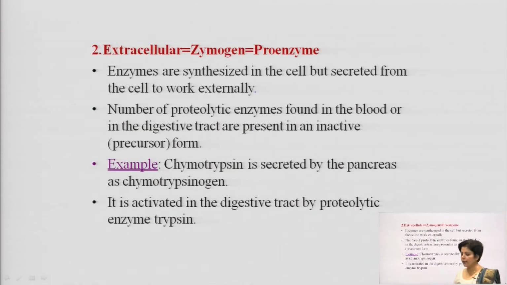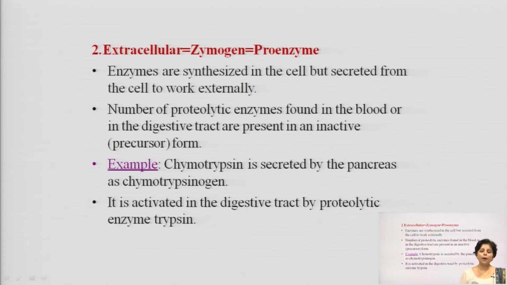The other one is extracellular, or zymogen or proenzyme. As the name suggests, extracellular means these are the enzymes which are synthesized in the cell but excreted from the cell and work externally.